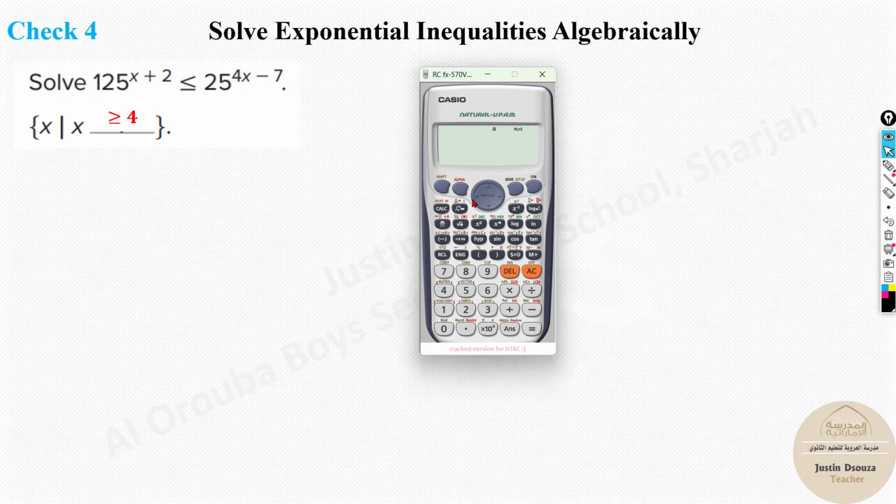Okay, I'm not getting it for some reason. Maybe if I clear the calculator I might get it, but make sure you remember, for inequalities calculator method, even if you get, you'll just get the answer. I know for sure many times if you just equate it, you will get the answer. For now it's just not showing up, but the problem is you will not know where is the inequality.